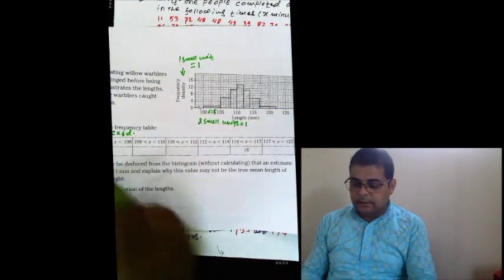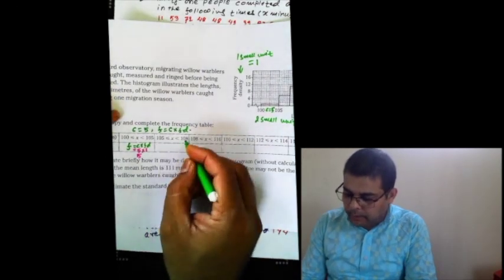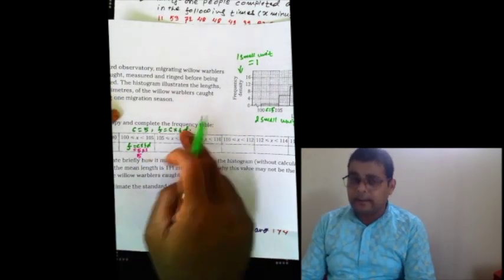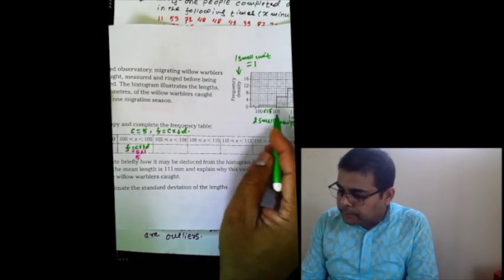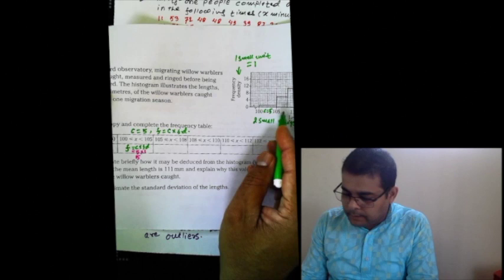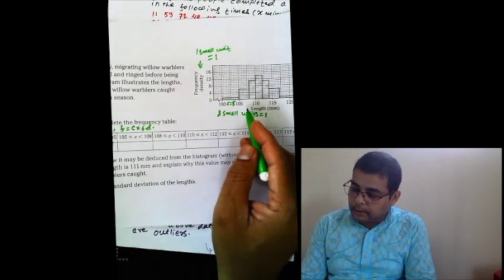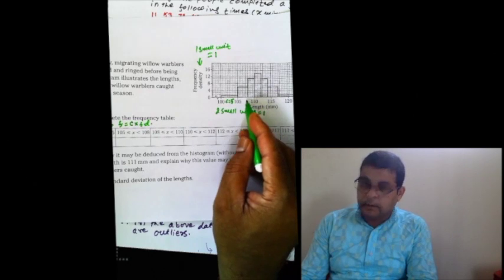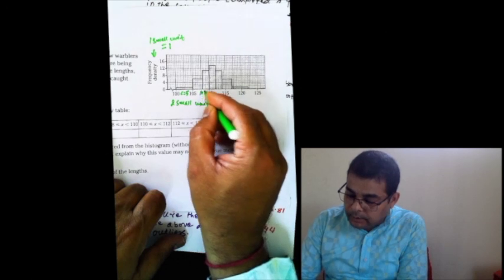And for the class interval, let's check another class interval, 105 to 108. You don't need to write this formula, you can just read it off from here. Its width is from 105 to 108. 108 is not mentioned here, but we have to understand that it must be at this position.